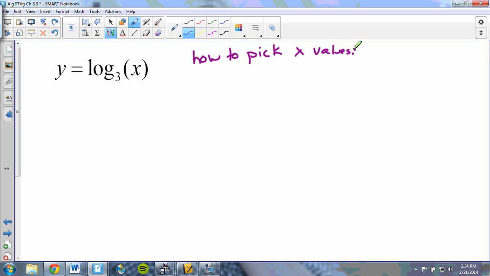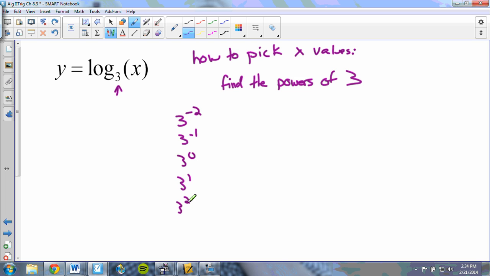I want to find the powers of 3. I'm going to bring 3 to different powers. I'm picking 3 because that's my base. So I'm going to do 3 to the -2, 3 to the -1, 3 to the 0, 3 to the first, 3 to the second. I'm not going to do 3 to the third. That's going to be too big. 27 is too big.